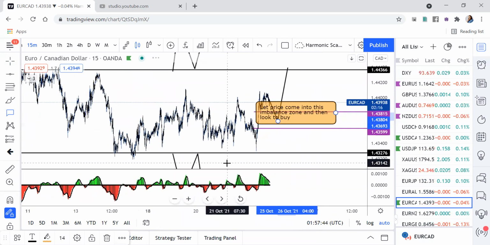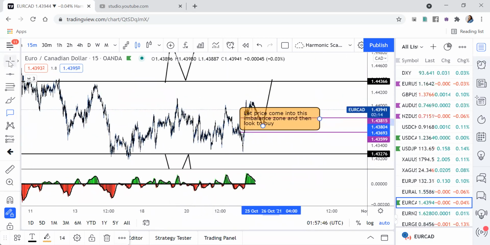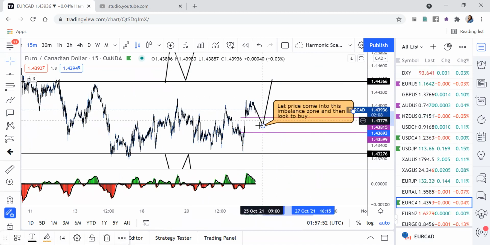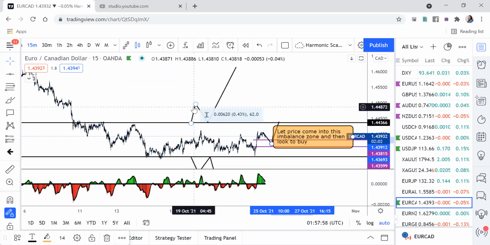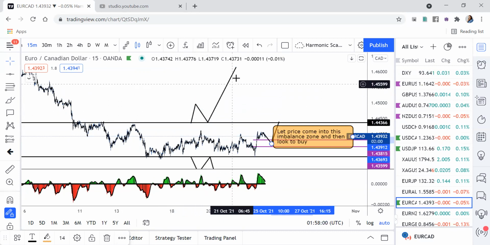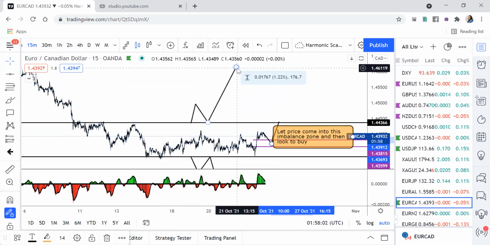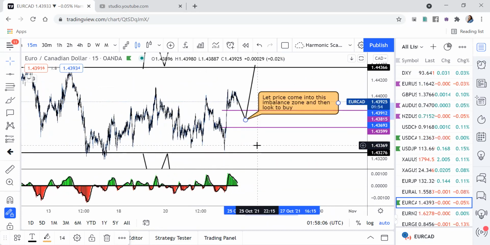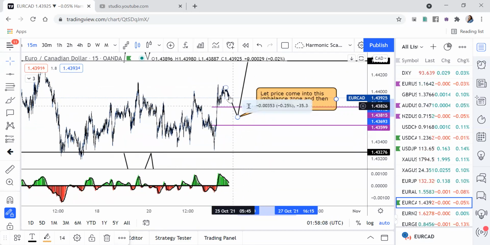So I have it marked up for you guys as well. So notice I'm coming out here. Once price comes here, if it breaks to the upside, then I will wait for another break and retest, and then I will look to enter, right, for long-term buy. But for short-term move, wait for price to come into this imbalance zone and then look to buy.